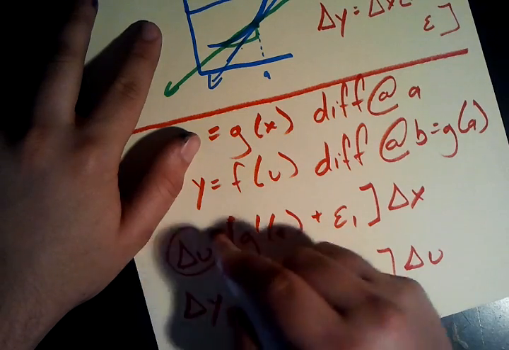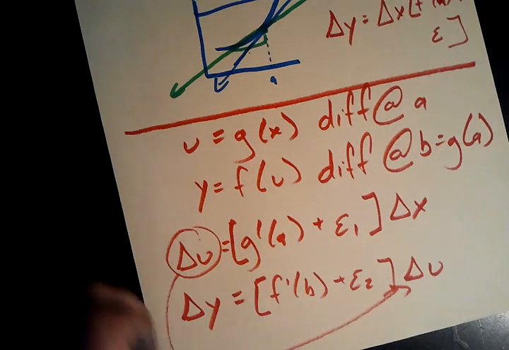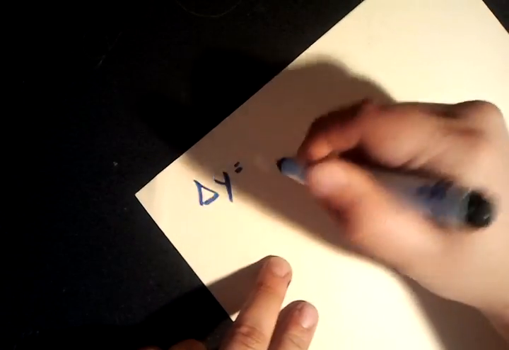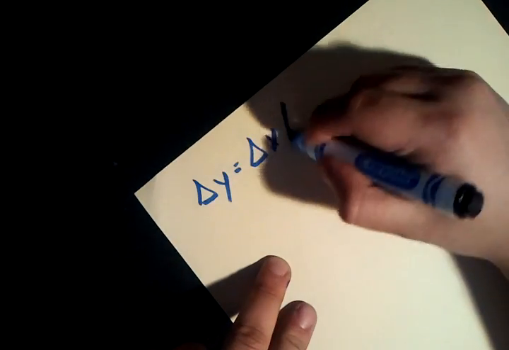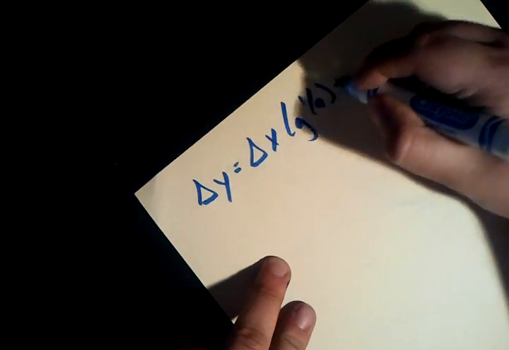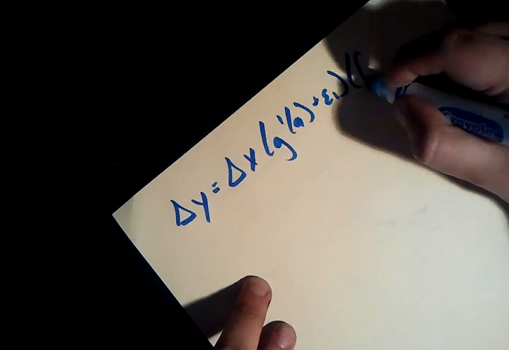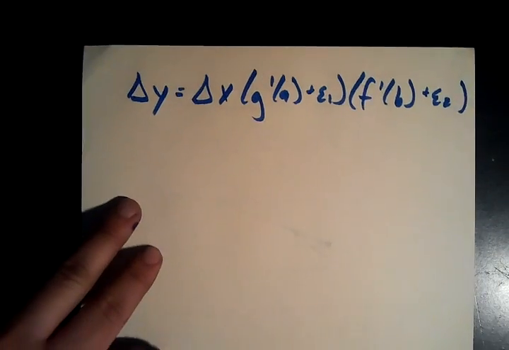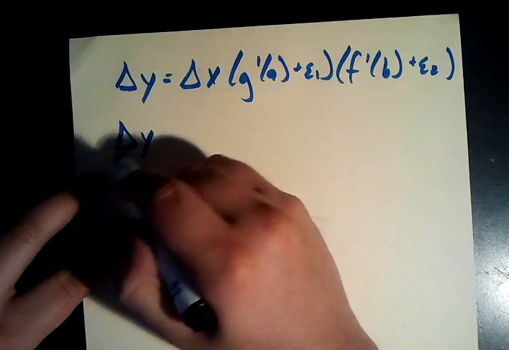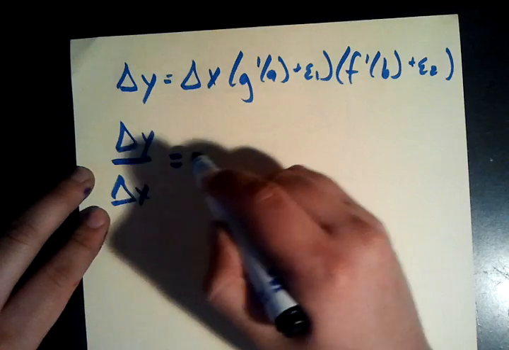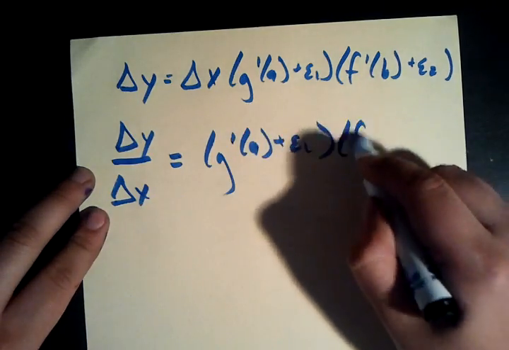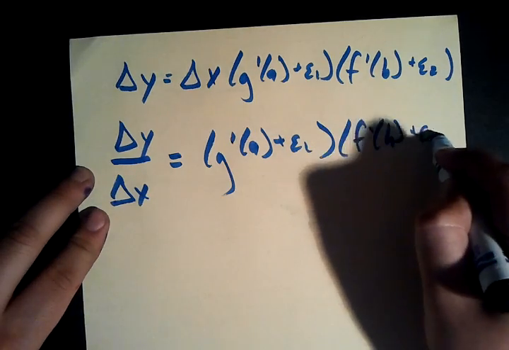Now we're going to take this delta u and substitute it in, and we're going to do that on the back of this paper. And we're going to get delta y equals delta x times g prime a plus epsilon 1 times f prime b plus epsilon 2. Okay? And now we're going to divide by delta x. Remember, that's starting to look like the slope, so delta y over delta x equals g prime a plus epsilon 1 times f prime b plus epsilon 2.